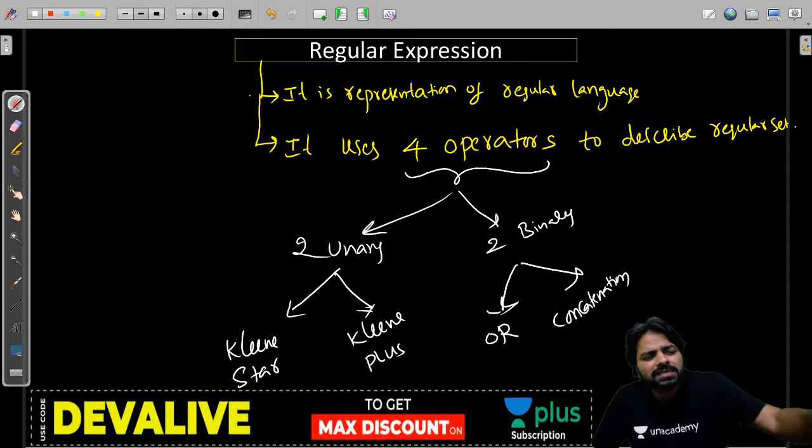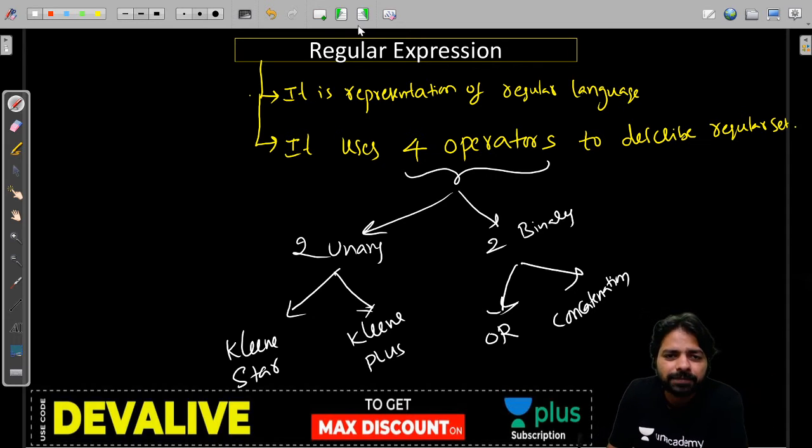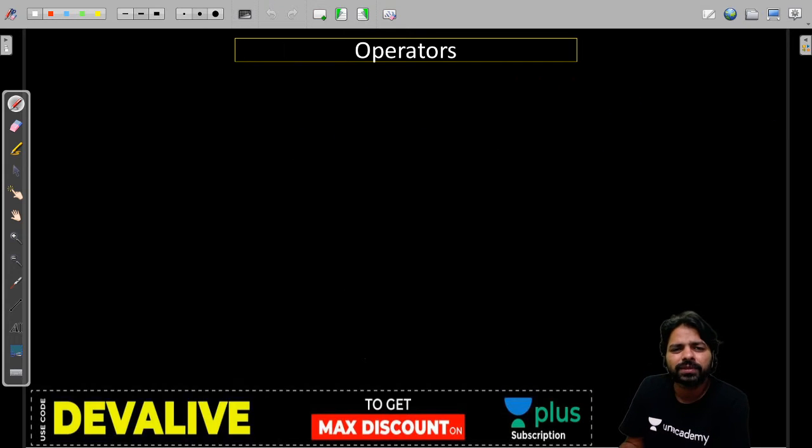If you want to represent any regular language, you must use these 4 operators. These 4 operators are compulsory, and you can't use any other operators in this language. So let's move on to understand these 4 operators, guys.